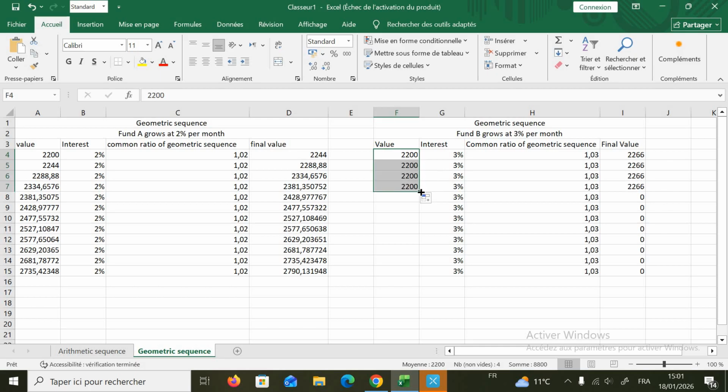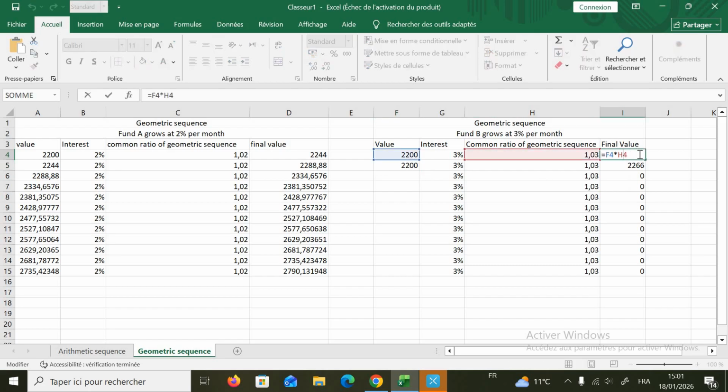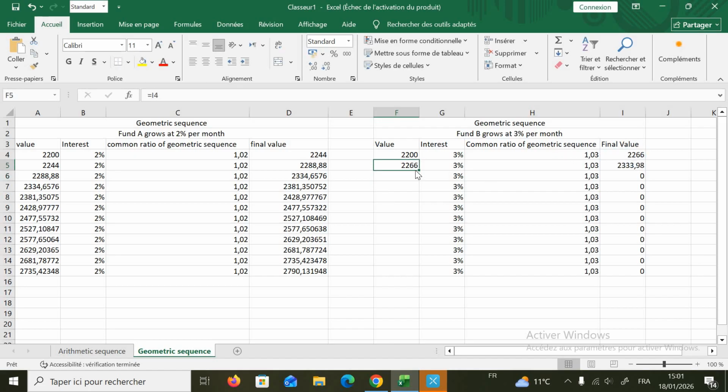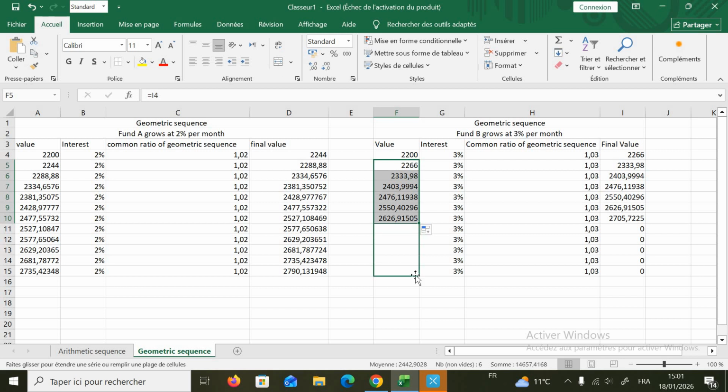Now let's calculate the value here. That means at the end of 12 months we have a final value of 3,136.